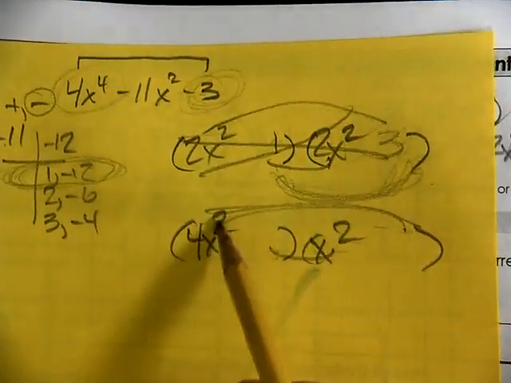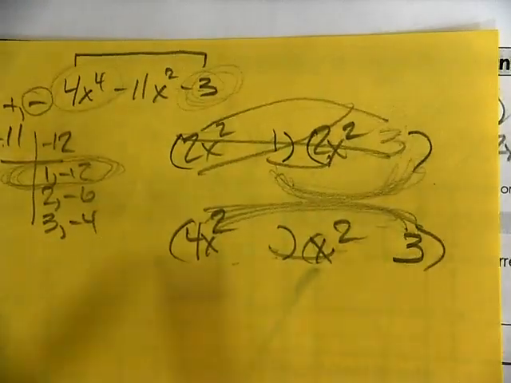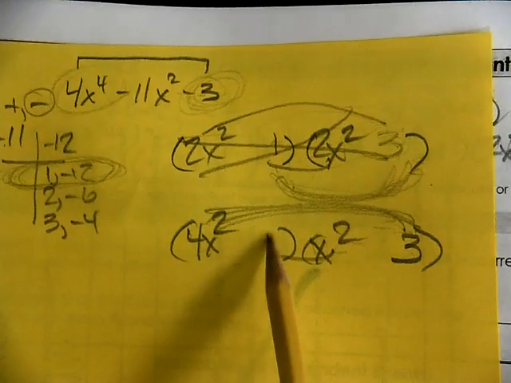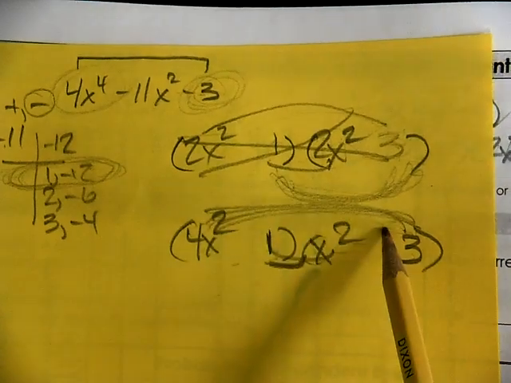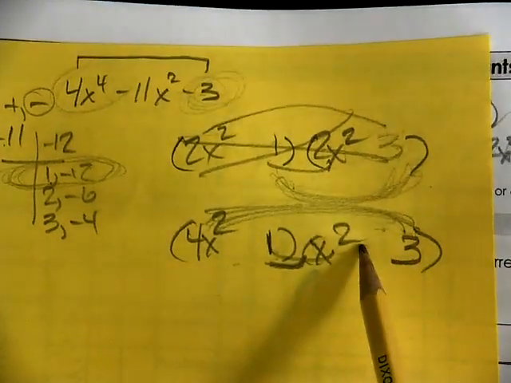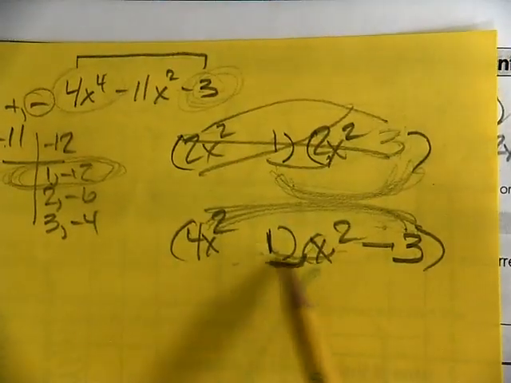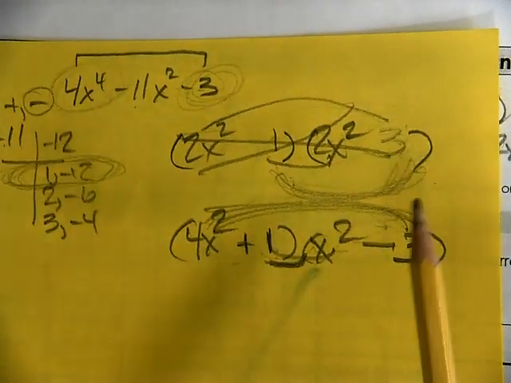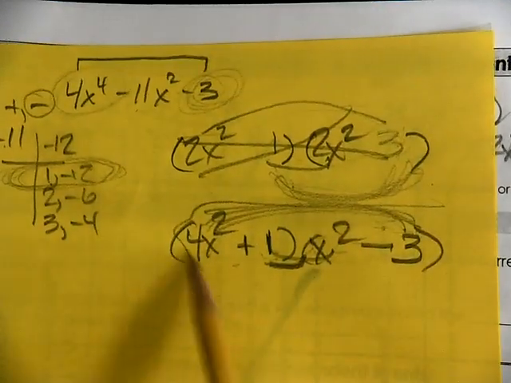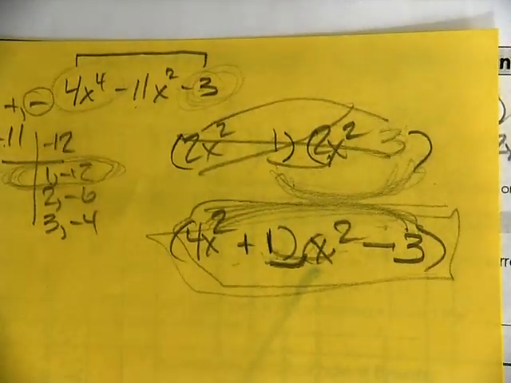A 12 would be 4 and a 3. A 1 is going to be a 1 times a 1. That gives me 12x squared. That is negative. And a positive 1 will add together to give me negative 11. So there's my guess and check method of doing it.